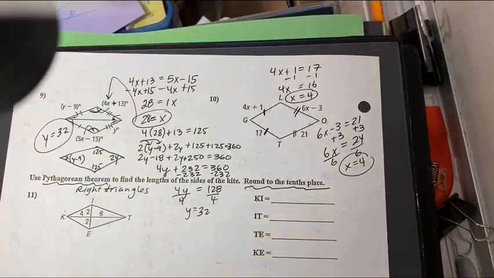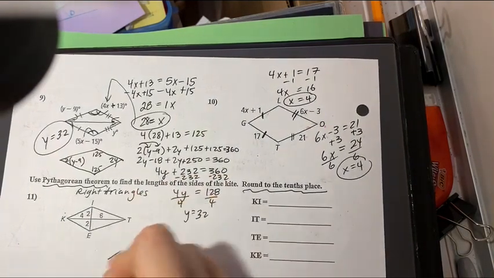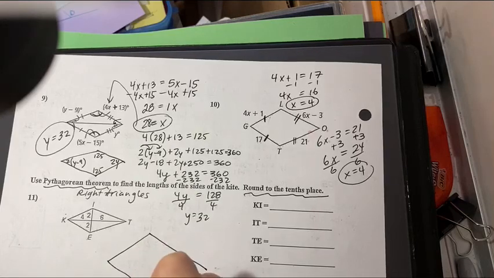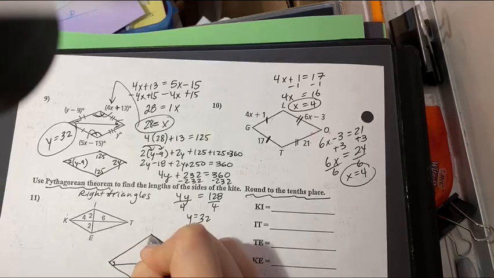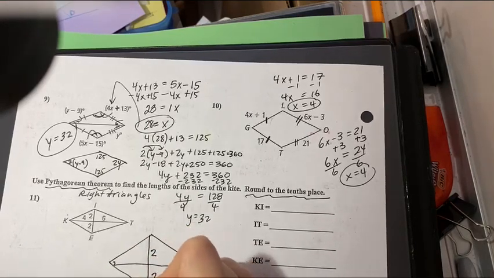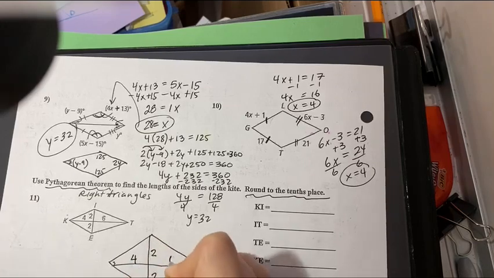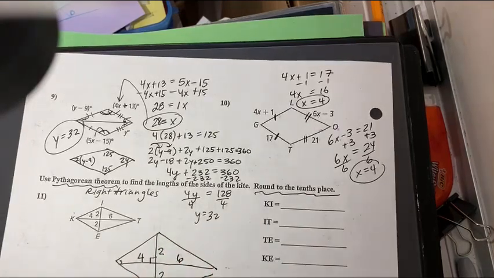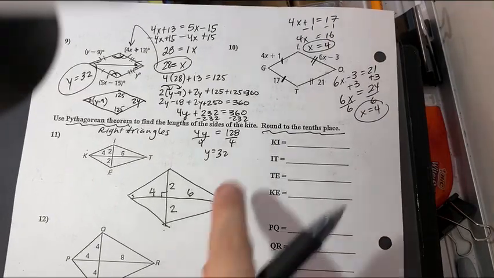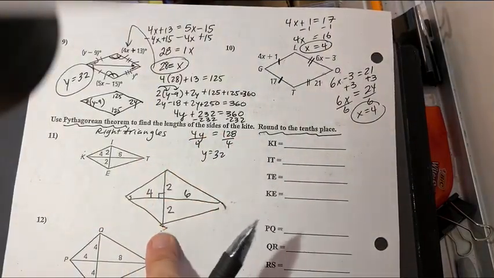So if we have to round, we're going to round to the nearest tenth. So let's do that. I'm going to make this kite a little bit bigger, right? That makes sense. That's 2, that's 2, that's 4, that's 6. And those are all right angles. So solve for the lengths of the kite.